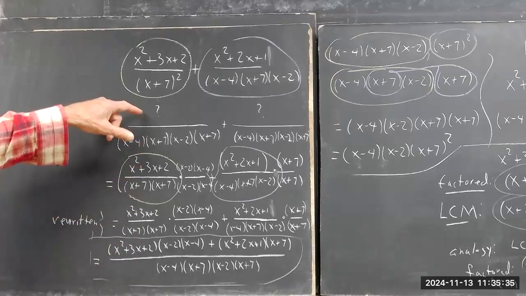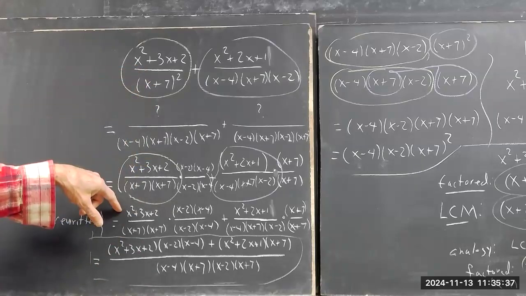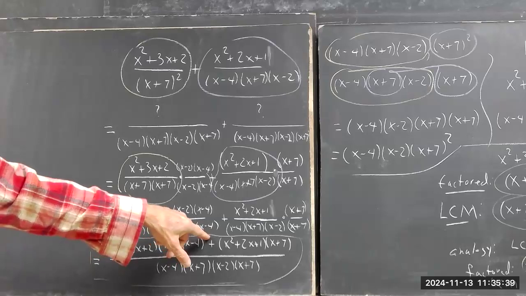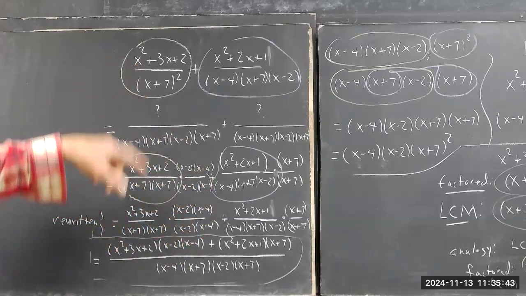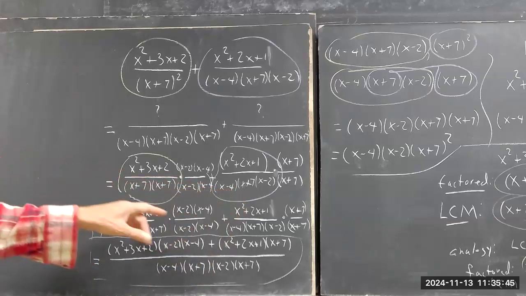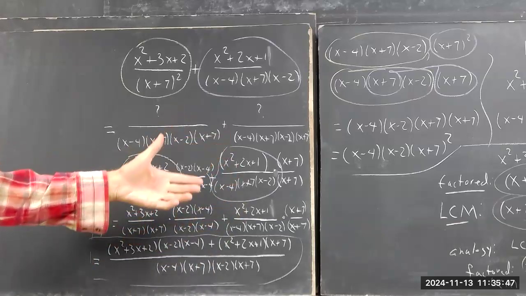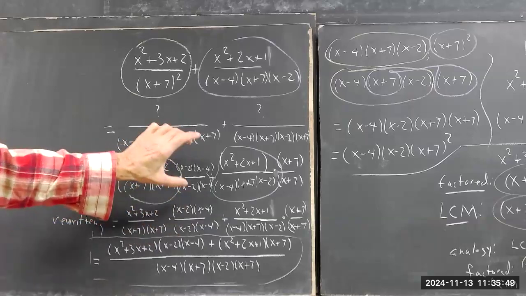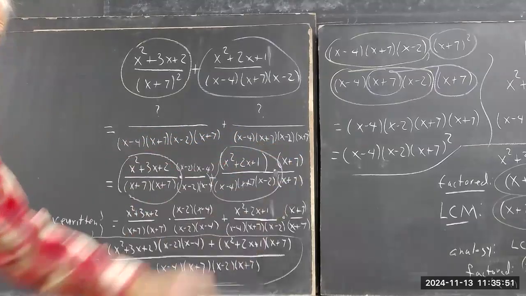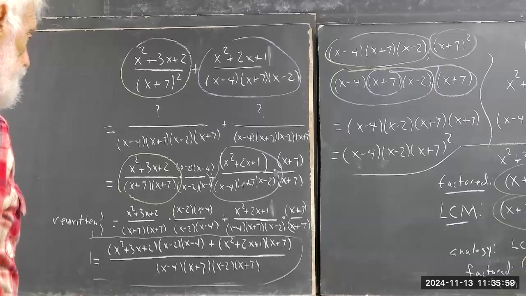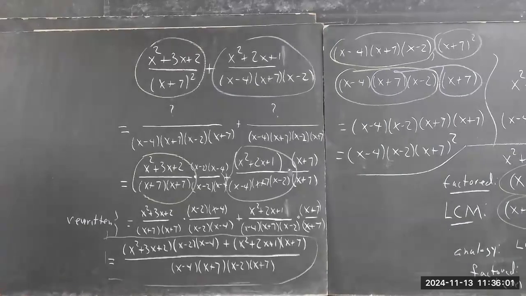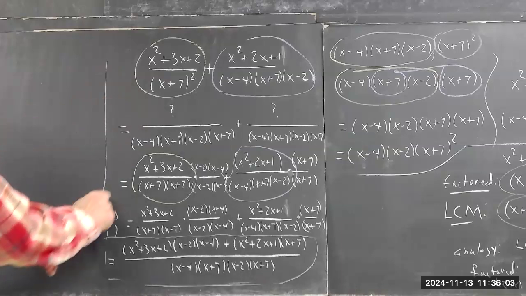Once you have the factored form of each denominator, you can figure out what your common denominator is, and then fill in whatever you need on each rational expression, each fraction. Okay? Well, let's look at a somewhat simpler example and see if you can do it.